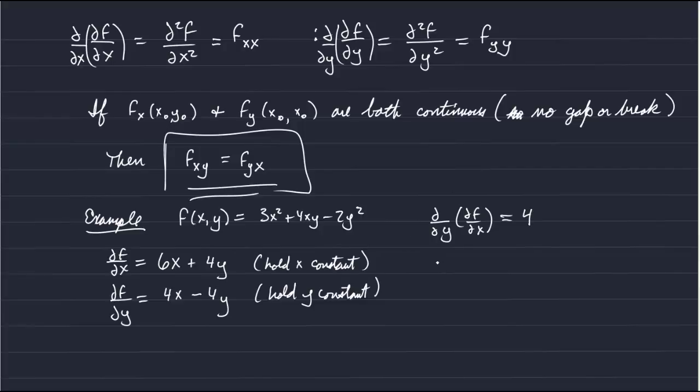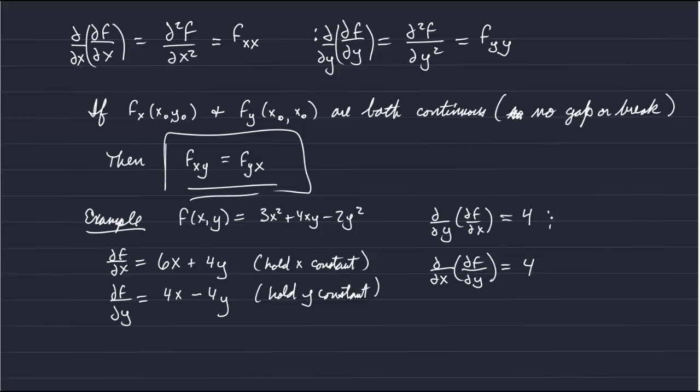The derivative with respect to x of partial f with respect to y is taking the derivative with respect to x of this equation, and again we hold y constant, so the only term that varies with x is this 4x, and that's equal to 4. So in this case, these two functions were continuous in x and y, so we found that for the mixed partial derivatives, the order of differentiation didn't matter. They both equaled each other.